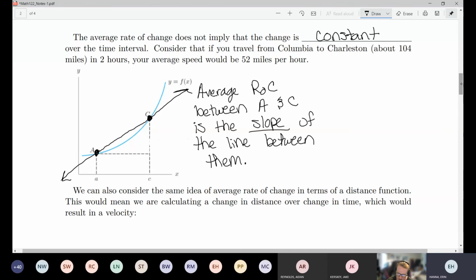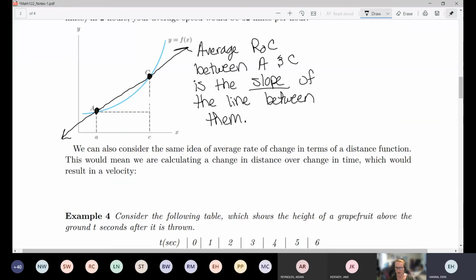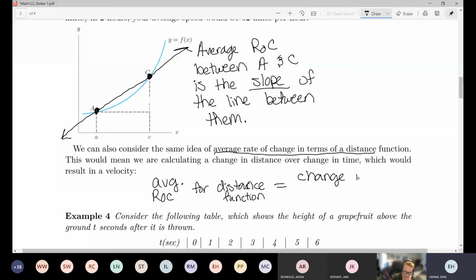The last tiny little thing I gotta say is something just about verbiage in case you see it on your homework. We can also consider the idea of the average rate of change in terms of a distance function. So if we were talking about a distance function, so distance equals a function of time, so given a time it tells you the distance, then if we were to calculate the average rate of change for the distance function, that would be some change in distance over some change in time.